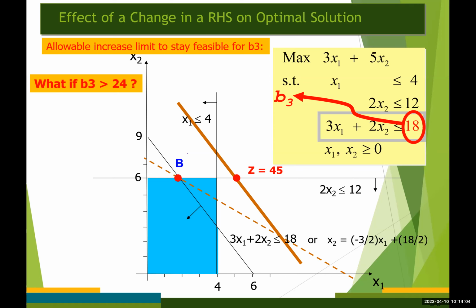So in this case, if B3 is increased to 27, which is greater than 24, then the plan number 2 and plan number 3 constraints are binding at an infeasible point, because in this case, the plan number 1 constraint for doors is not satisfied, okay?